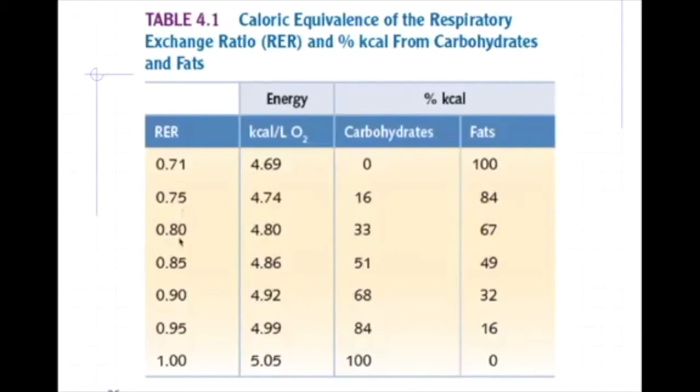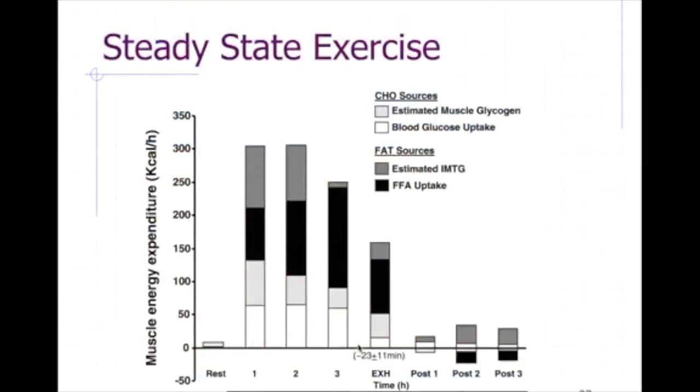As we increase in our intensity, we will start to move to an RER of 1.0, and when we are in glycolysis, because we've gone past what our oxidative system can handle, we are now moving into 100% carbohydrates. So when we're doing intense exercise that we can't maintain for long periods of time, entirely carbohydrates are being utilized as our fuel source.